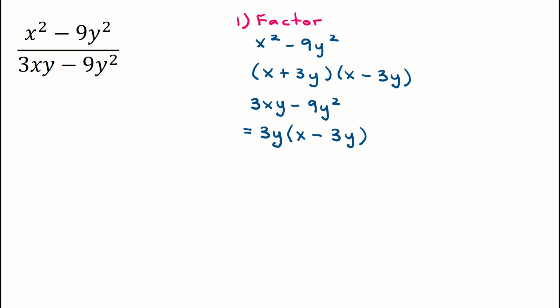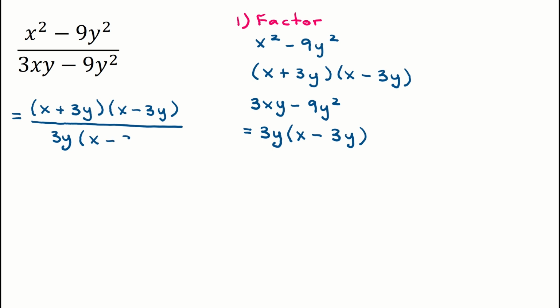When I put the factors back into the fraction, my numerator is x plus 3y, x minus 3y, and my denominator is 3y times x minus 3y.